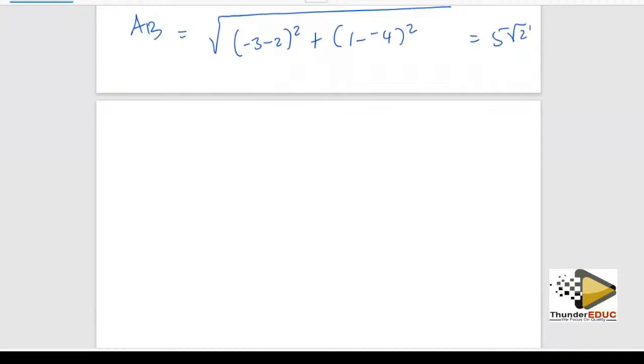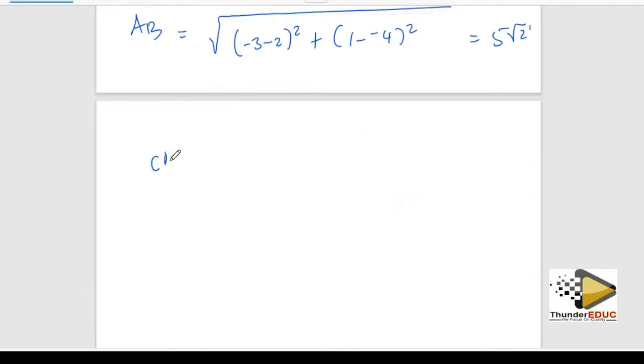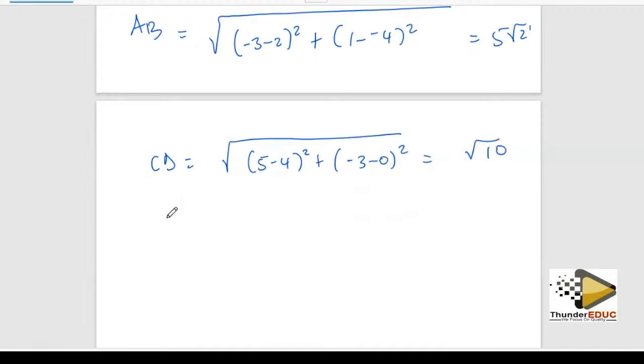Then I'll go down and find the distance for CD. I have 4, 0 and 5, -3. So my CD, substitute that into the calculator, it's going to be 5 minus 4 squared plus -3 minus 0 squared. I punch that, I'm having just √10. And then lastly, I need my distance BC.